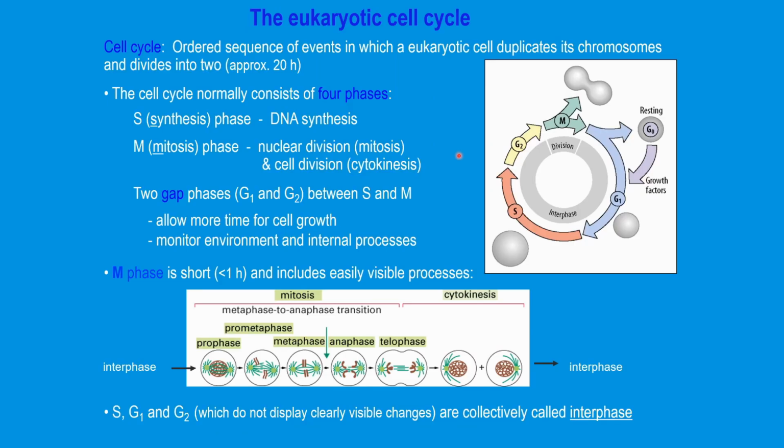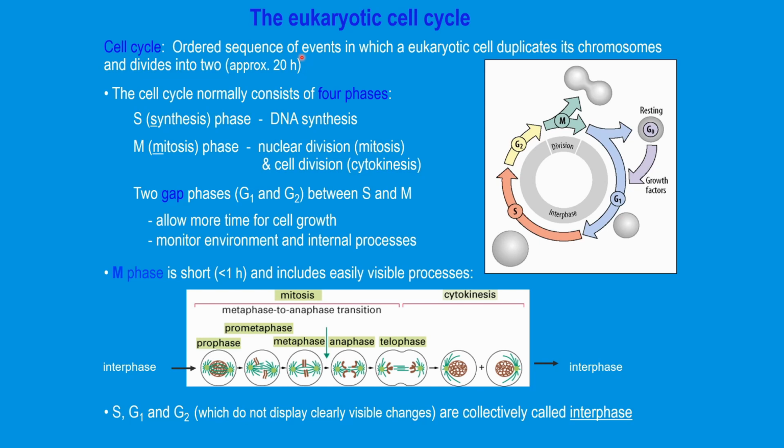While talking about cell division, mitosis and meiosis, it's a good chance for us to refresh on the eukaryotic cell cycle. So the cell cycle, as shown here, is an ordered sequence of events in which a eukaryotic cell duplicates its chromosomes and divides into two, and it takes approximately 20 hours.